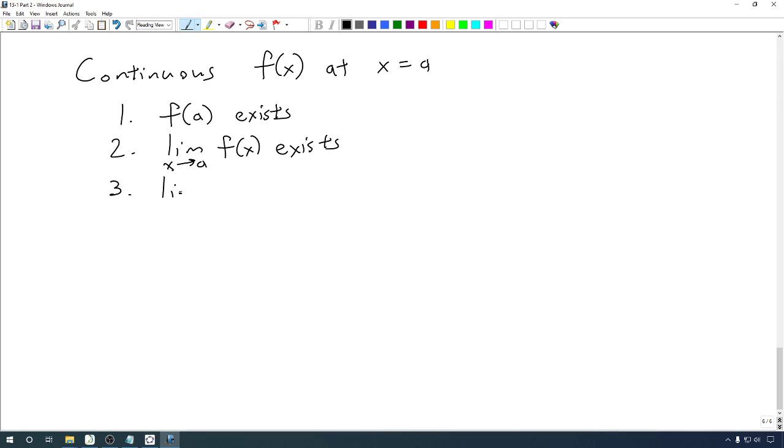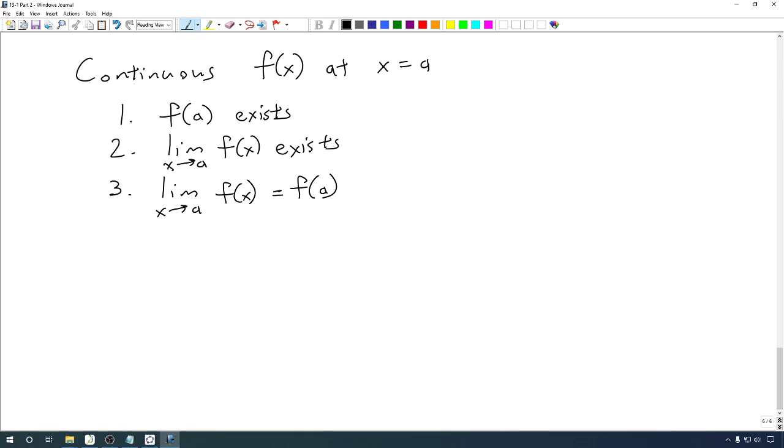And these are the same thing. Technically, you could write this third equation, the limit as x goes to a of f of x equals f of a. By writing that equation, you're implicitly stating that f of a and the limit both exist. But the important thing is that they are equal to each other when they do exist.